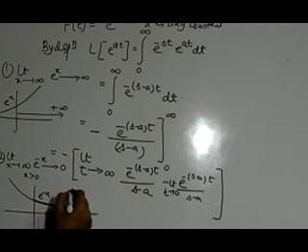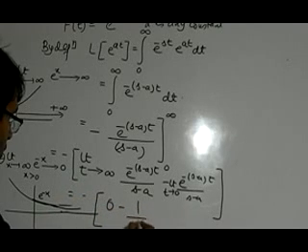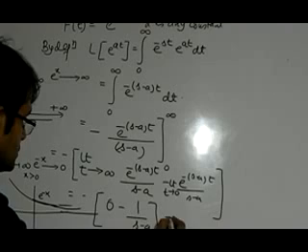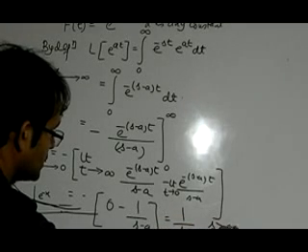Therefore, without loss of generality, we should assume that the quantity s minus a is strictly positive; then only this limit exists. So it is equal to minus (0 minus 1 upon s minus a), which is equal to 1 upon s minus a. The condition is s is bigger than a.